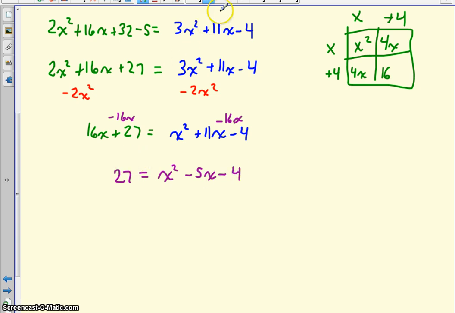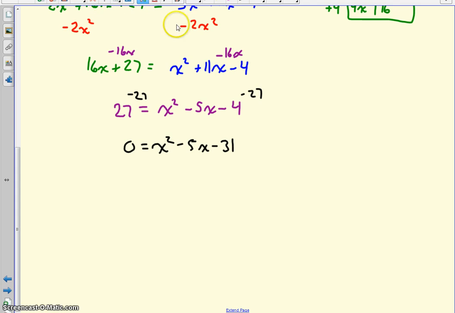Okay, and then again, just to finish it off, subtract 27. Okay, so you have it in standard form on one side, 0 on the other side.